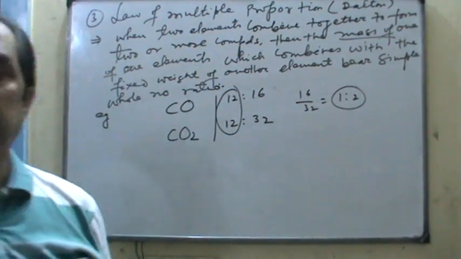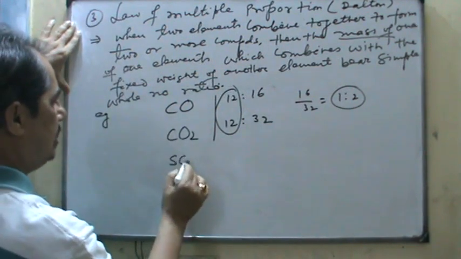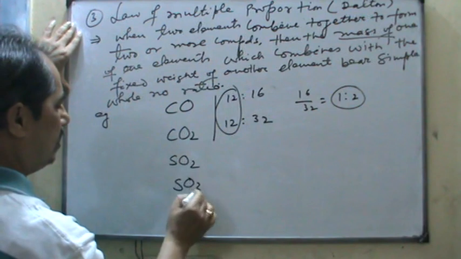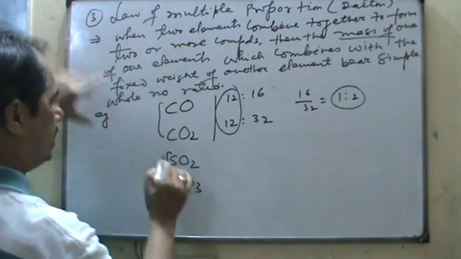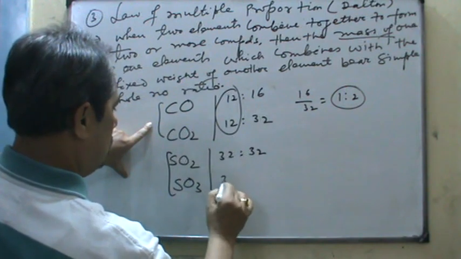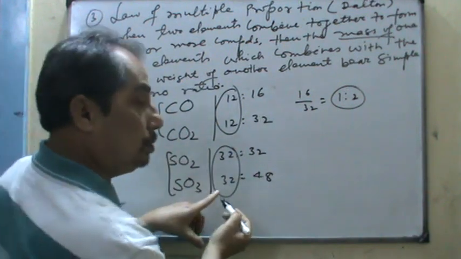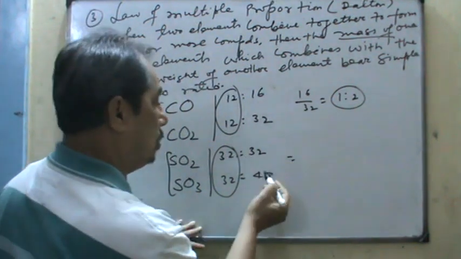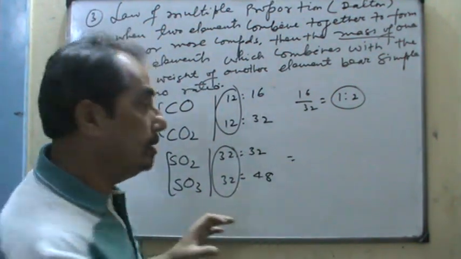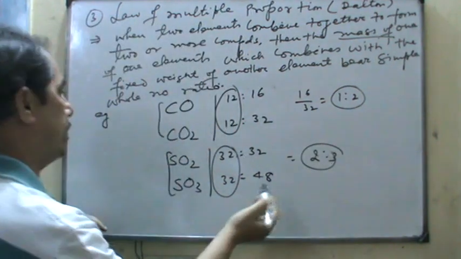The other way, you can say sulfur dioxide and sulfur trioxide. My dear friends, 32 to 32, 32 to 48. What is constant? 32 is constant. What is that ratio? 32 by 48, that is 2:3. It is a simple ratio.